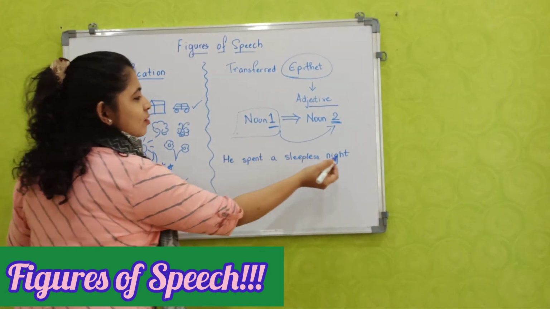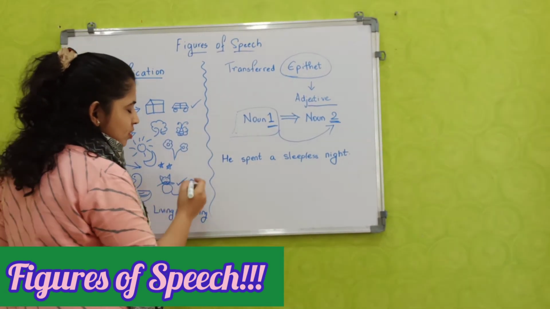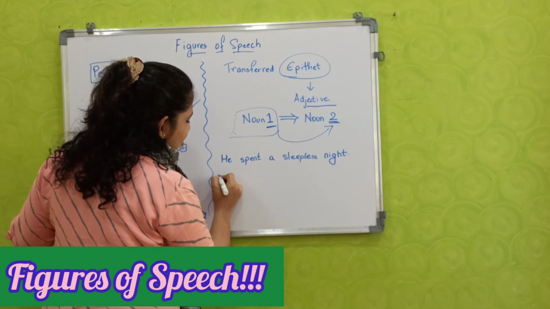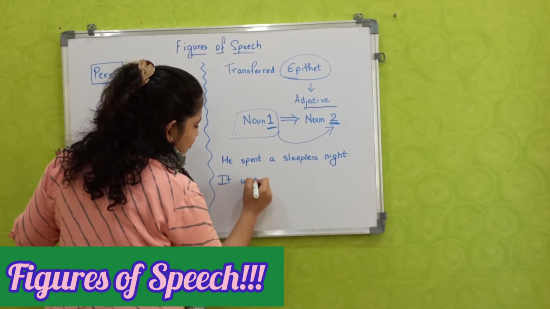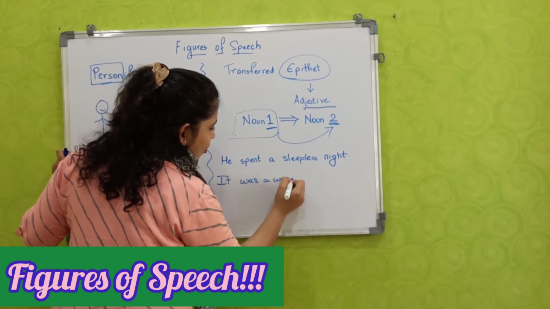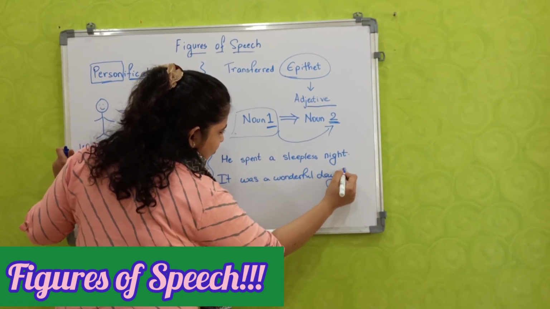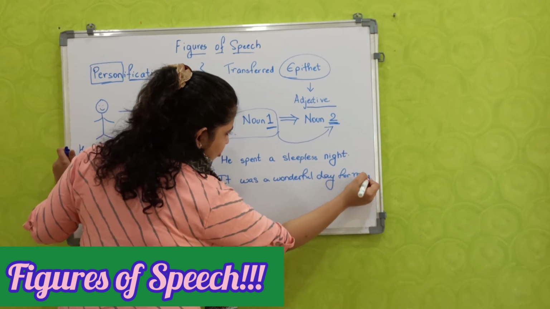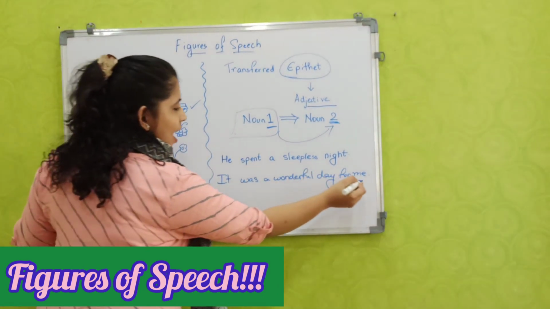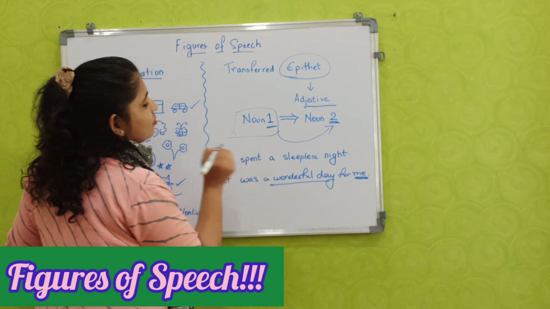This is example which is found in most of the grammar books. Okay, so it was a wonderful day for me today. So was I wonderful or was the day wonderful?